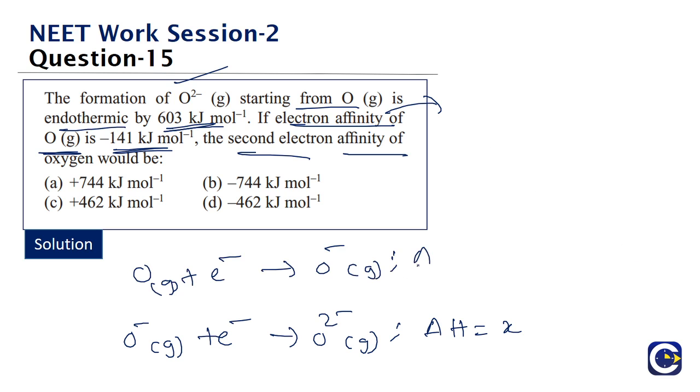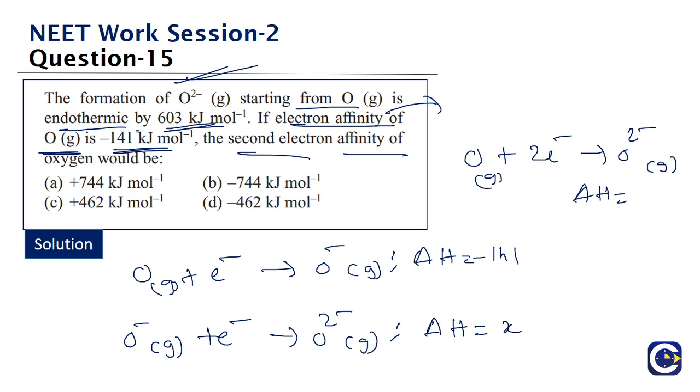For this the energy exchange involved is minus 141. They are also giving the endothermic step: if you are forming O2 minus ion, the energy exchange involved is endothermic, meaning plus 603 kilojoules.